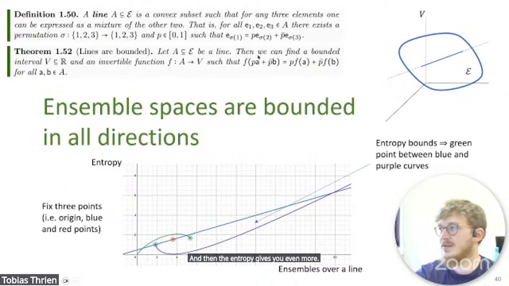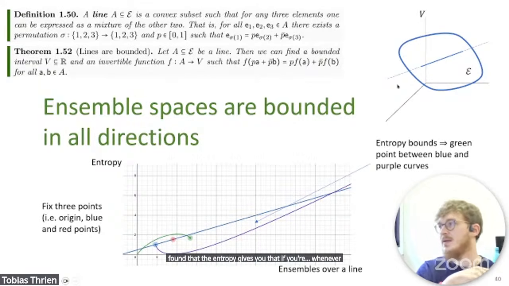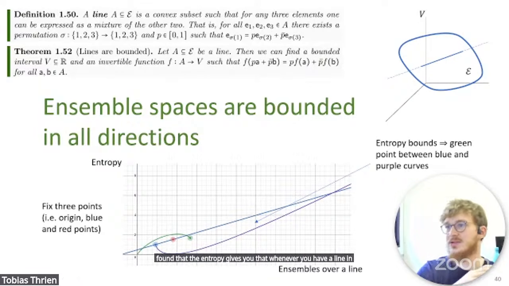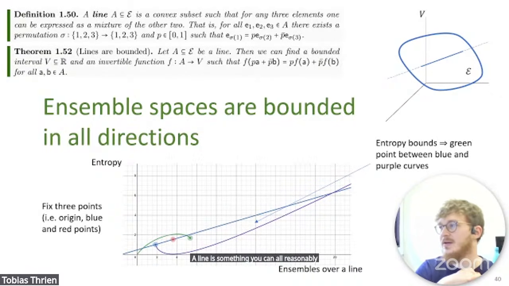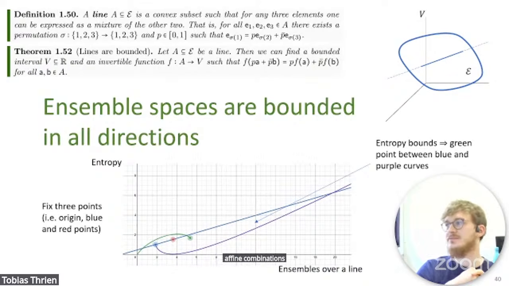For example, you can prove, just because of the balance that the entropy gives you, that whenever you have a line in your ensemble space, which you can now reasonably define because you have affine combinations, then each of these lines will be bounded.